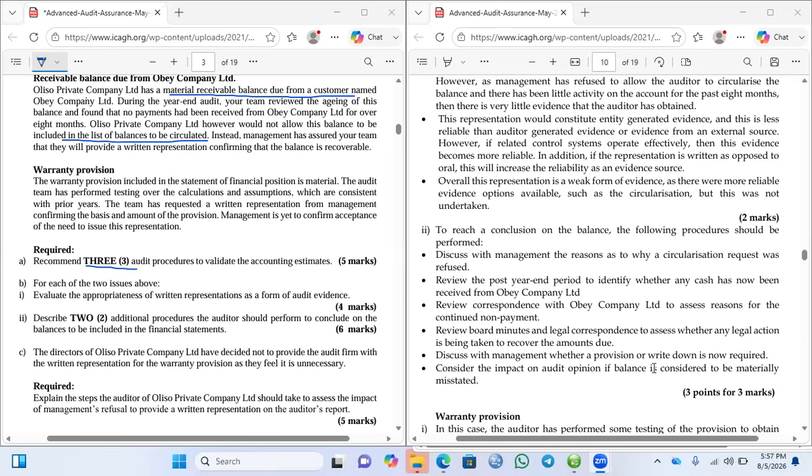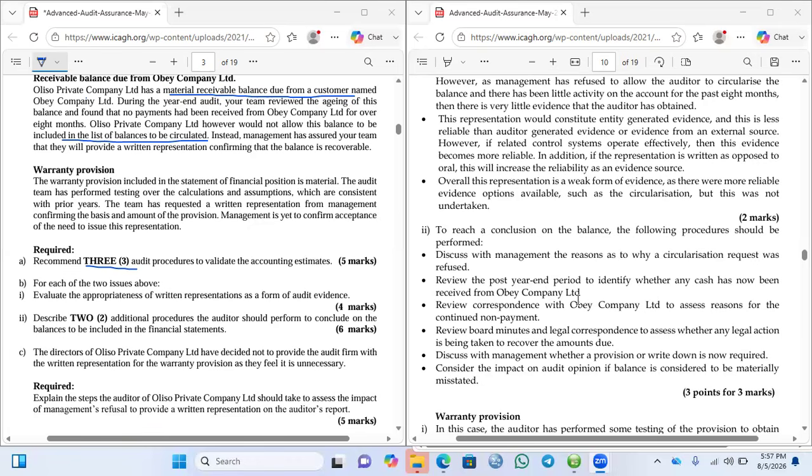So procedures the auditor can perform to conclude on this matter of the receivables is they can check with Obe Company if they have made any payment. They can also ask management why they don't want him to do the circularization. These are the points we are getting or gathering from here. Okay.